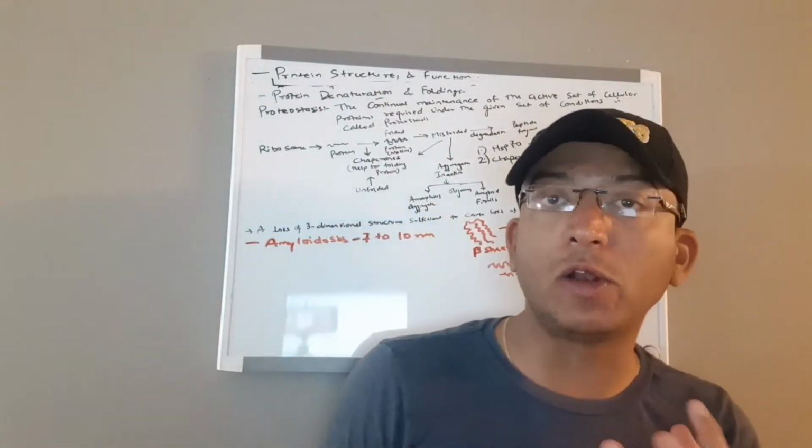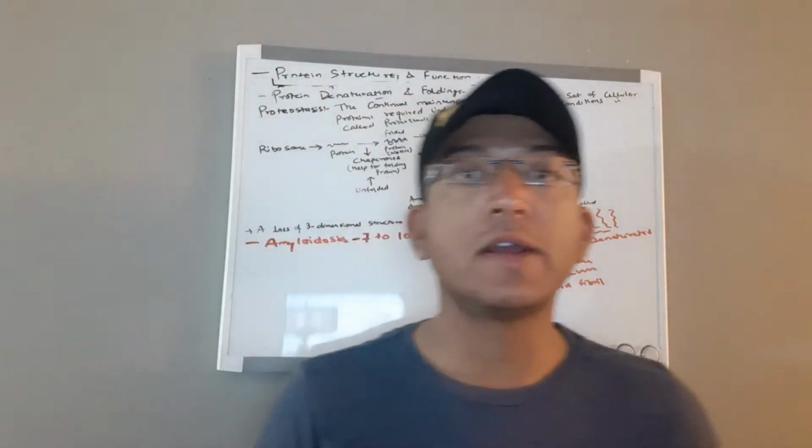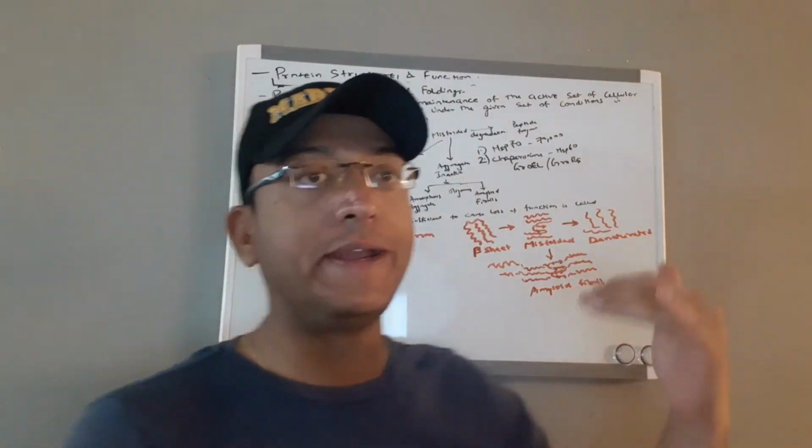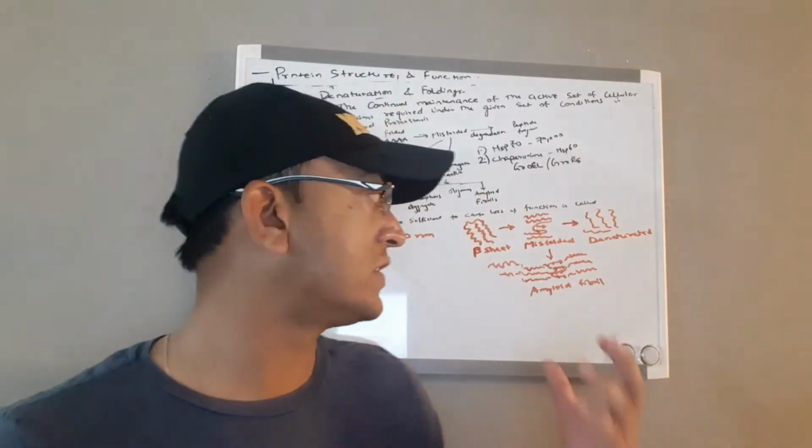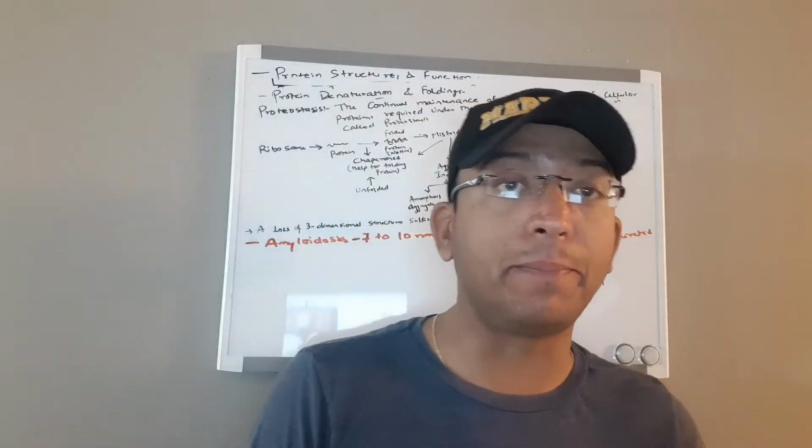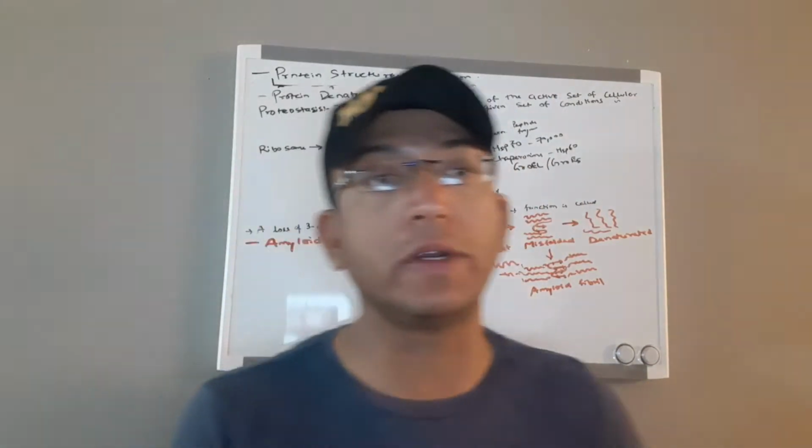In the amyloid fibers, the overall structure includes two layers of beta sheet, like the amyloid beta peptide, which has two layers of beta sheet.